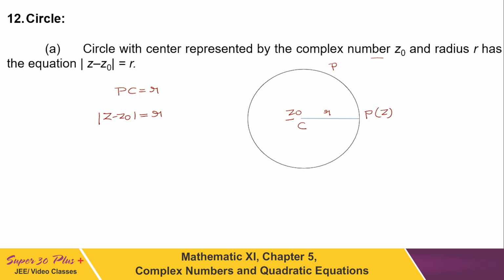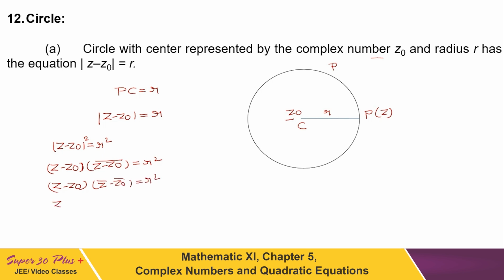Now we are going to simplify it. Squaring on both sides, it is mod of Z minus Z0 whole square is equal to R square. What is the meaning of mod z whole square? It is equal to (z minus z naught) into (z minus z naught) whole bar is equal to r square. Again simplify it. It is (z minus z naught)(z bar minus z naught bar) is equal to r square.